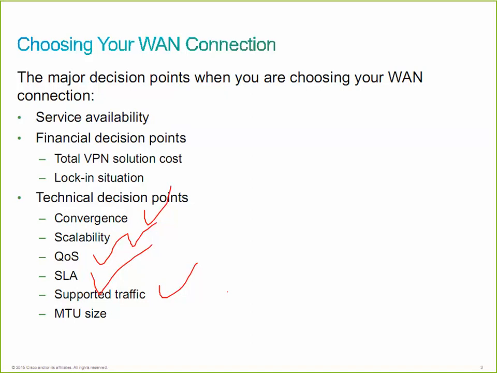Obviously, with modern routing protocols, it's very important that we're able to transport things like multicast traffic. And some service providers actually support multicast traffic. Some service providers do not, right?